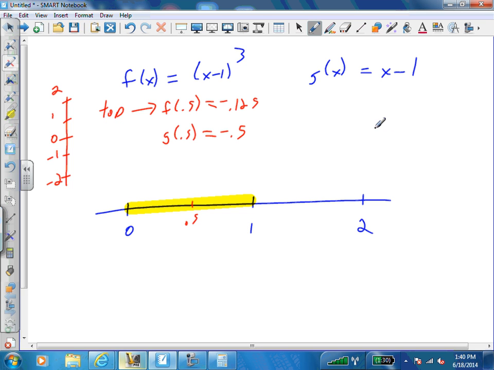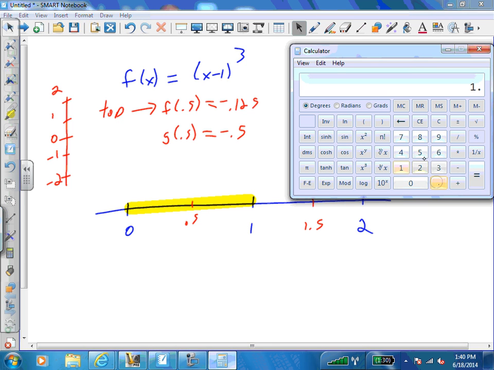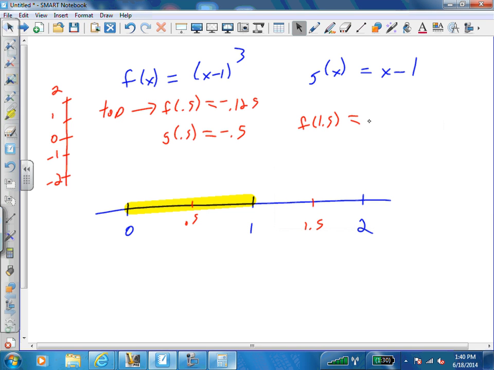In this region, we could use the test point 1.5. If we put 1.5 into F, 1.5 minus 1, and cube it, we get 0.125. If we put that same test point into G, we get 0.5.